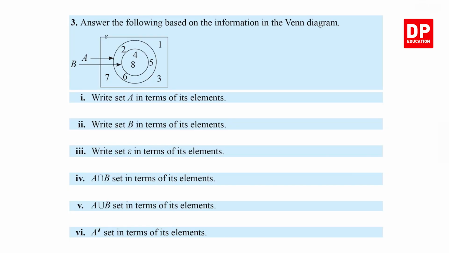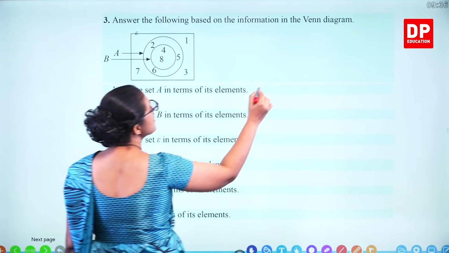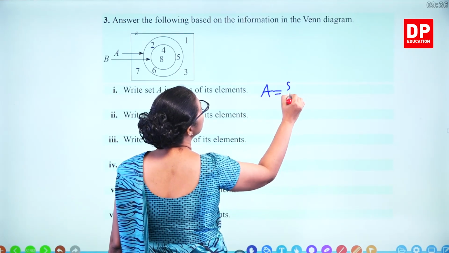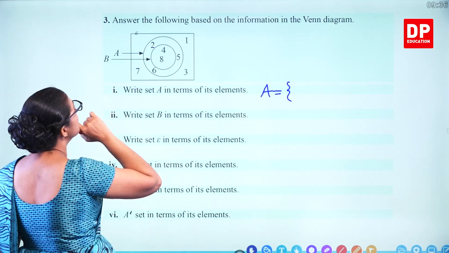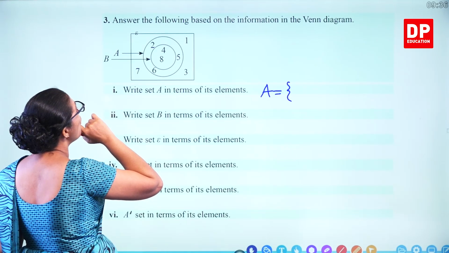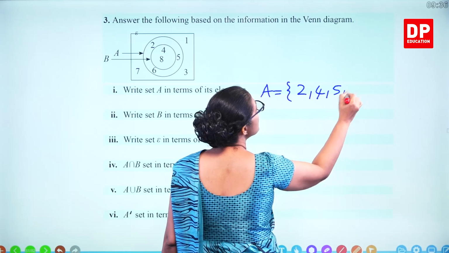Answer the following based on the information in the Venn diagram. Write set A in terms of its elements. What's A? A is the big circle. So 2, 4, 5, 6, 8.